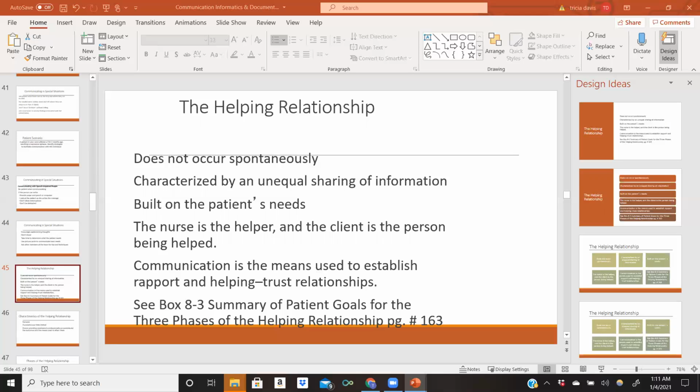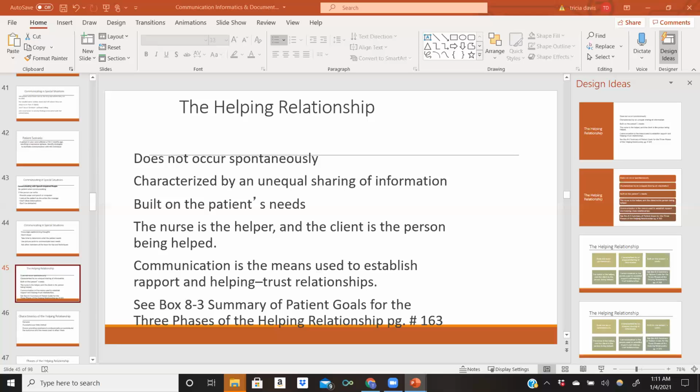The quality of that relationship is the most significant element in determining how effective the helping is. Of all the problems that can arise in nursing care, perhaps the most common is the failure of nurses and patients to establish a rapport and a helping trust relationship with the other person.